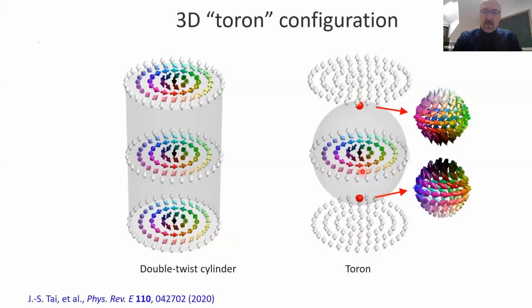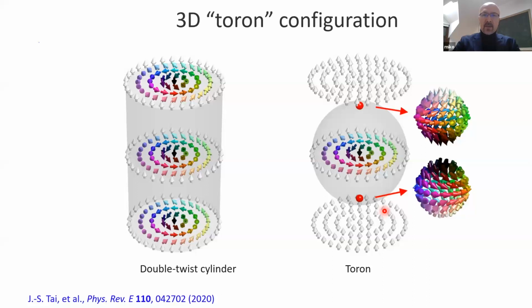In this way, you manage to introduce smoothly this structure into a uniform background. And these points are self-compensating hedgehog defects. This configuration, which is studied intensively in Ivan's group, is called a toron.